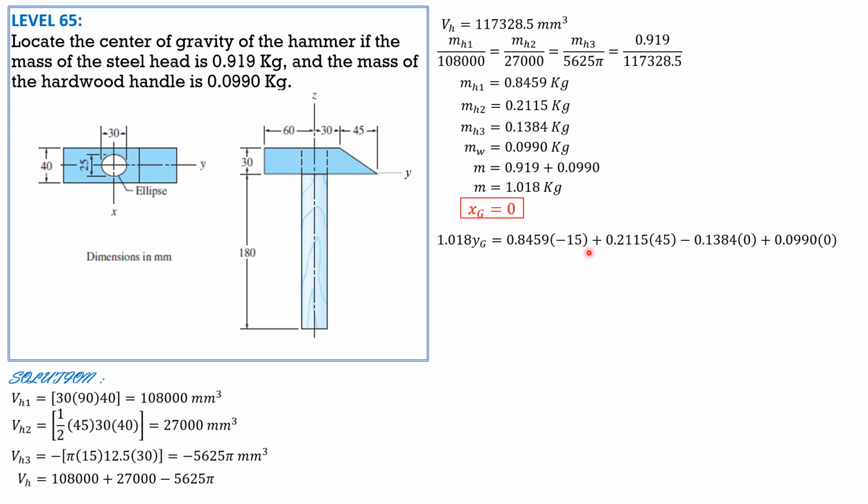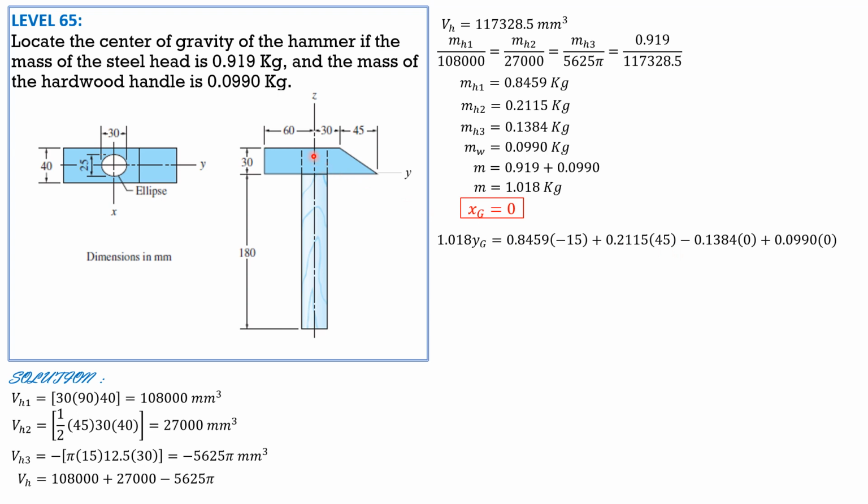So that's why y sub c1 of hammerhead 1 is negative 15, plus mass of hammerhead 2, this triangular part, whose centroid y coordinate, y sub c2, is 30 plus 1/3 of 45. 30 plus 15, so 45.